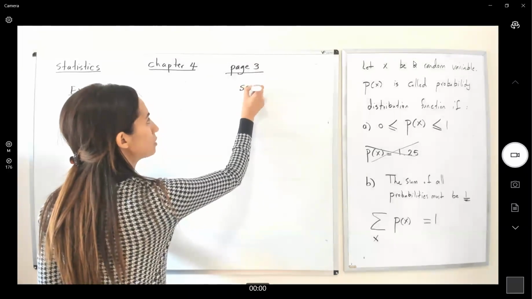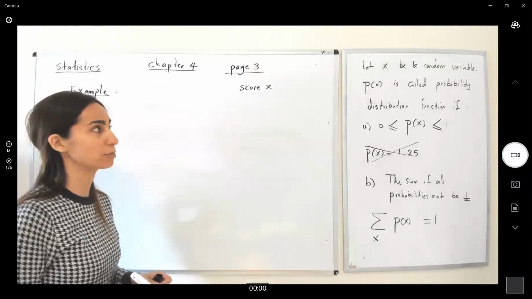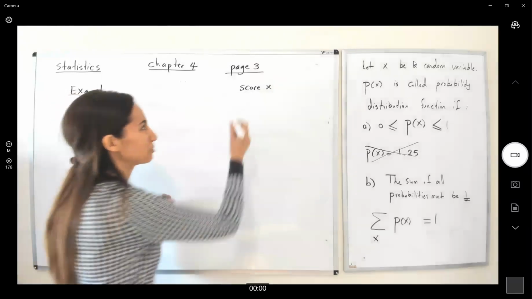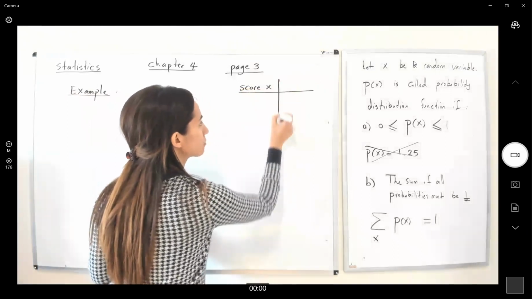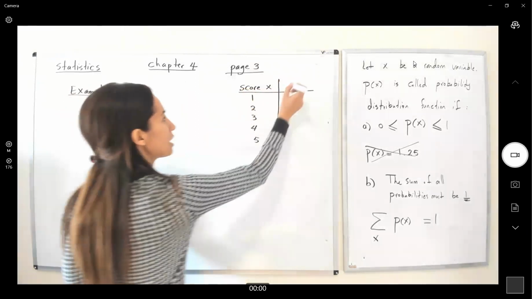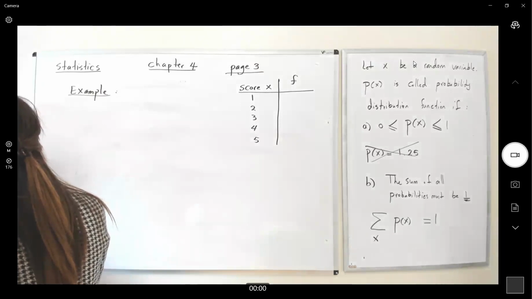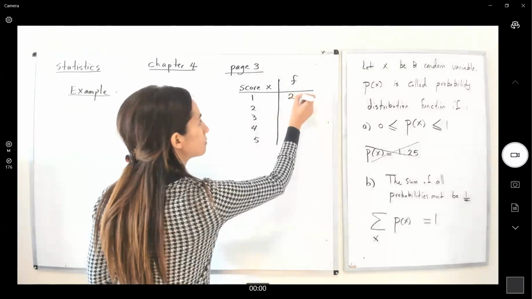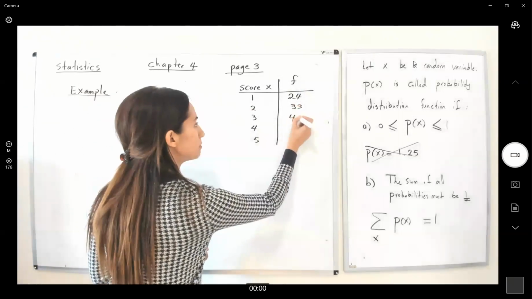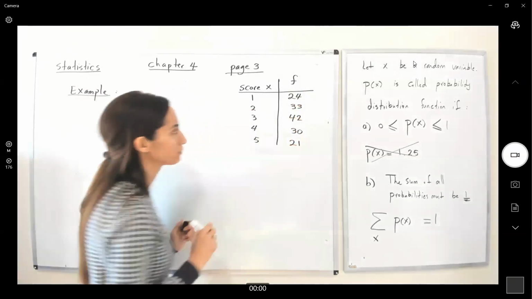So we have score, which is x, which is our random variable. In this case, since you can count them, it's going to be a discrete random variable. Okay. Score 1, 2, 3, 4, and 5, and frequency, or the number of employees, 24, 33, 42 of them, 30 of them, and 21 of them.